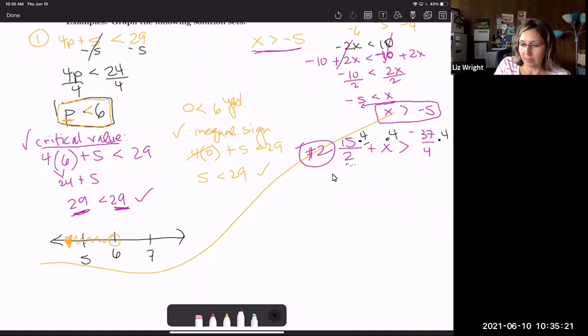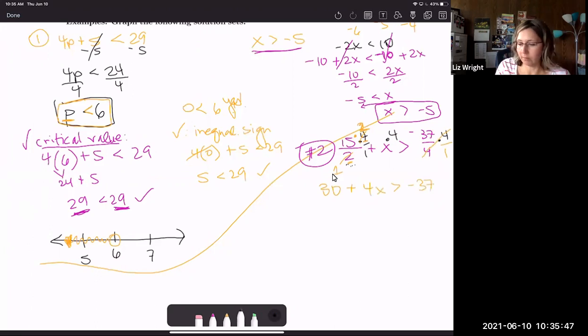So 4 over 2 reduces to 2, and then 15 times 2 gives me 30. So 30 plus 4x is greater than, these 4s are going to cancel out, negative 37.